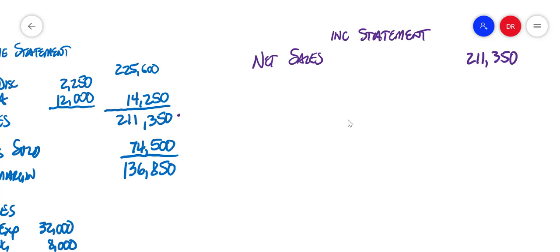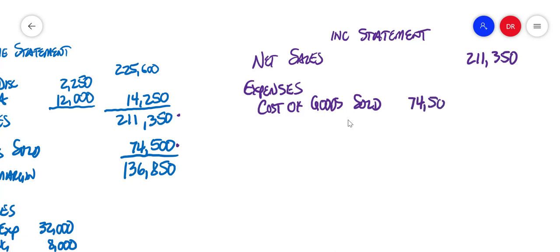And then we're going to have expenses. And all expenses will be here, including the first will be cost of goods sold, which we will use this number, 74,500.